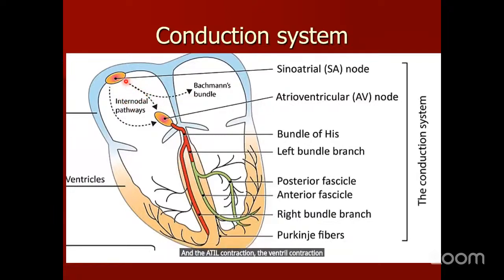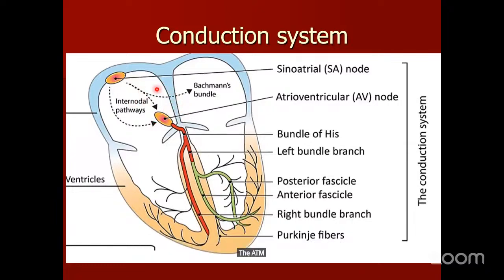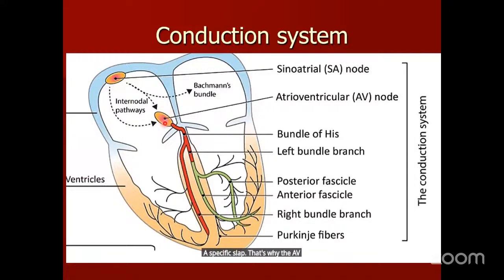If the impulse goes very fast to the ventricle, the atrium will not finish its contraction before the ventricle starts contracting. By delaying the impulse, it allows time for the atrium to complete its contraction, emptying all its blood into the ventricle so that the end diastolic fiber length of the ventricle is adequately expanded to give a good stroke volume as per Starling's law. That's why the AV node delays the impulse to allow the atrium to complete its contraction.